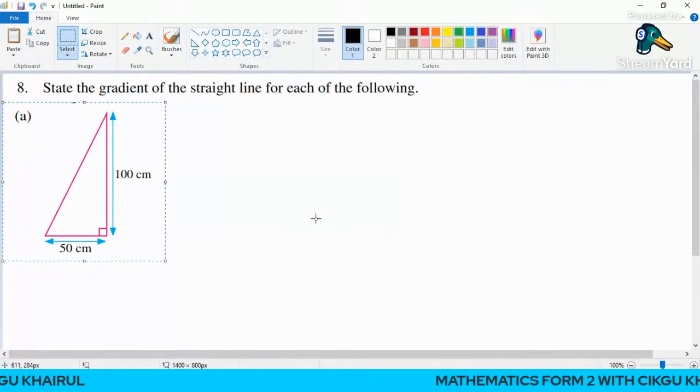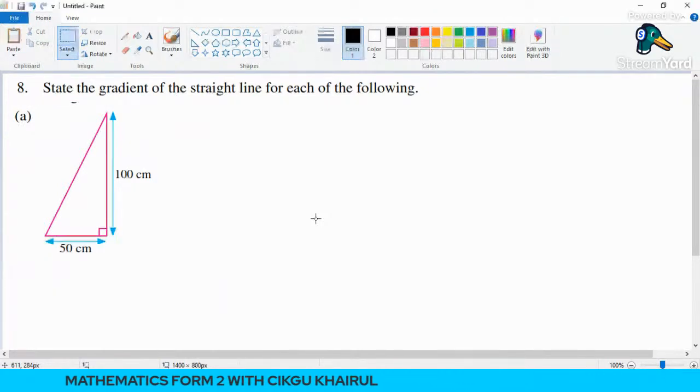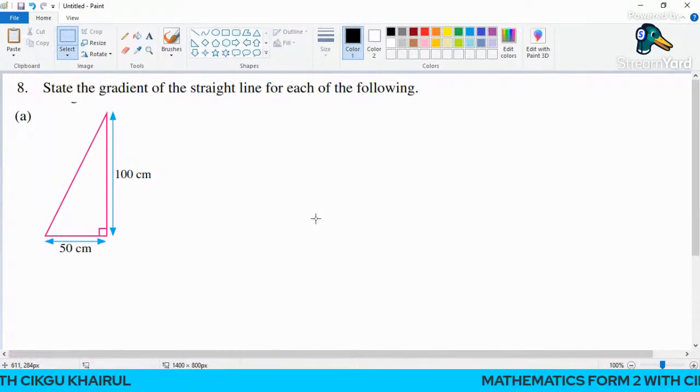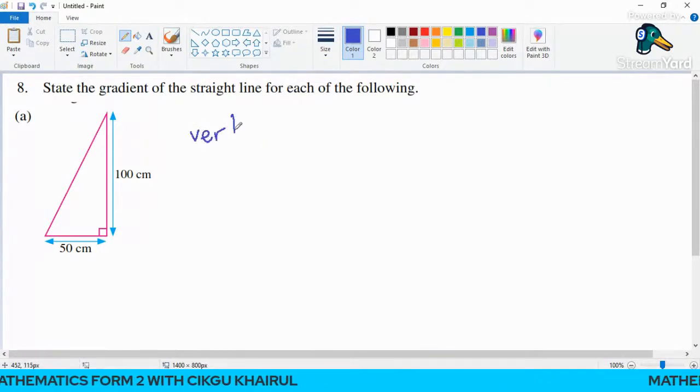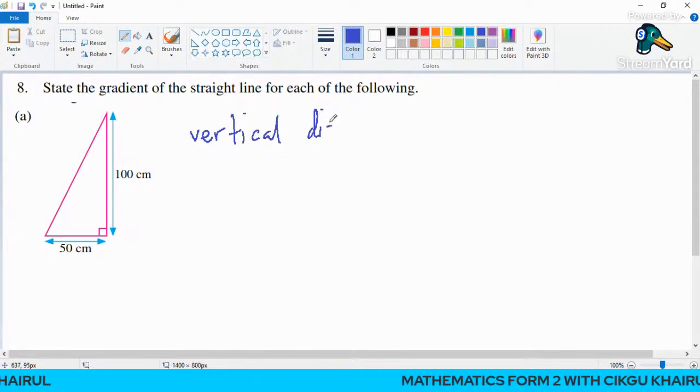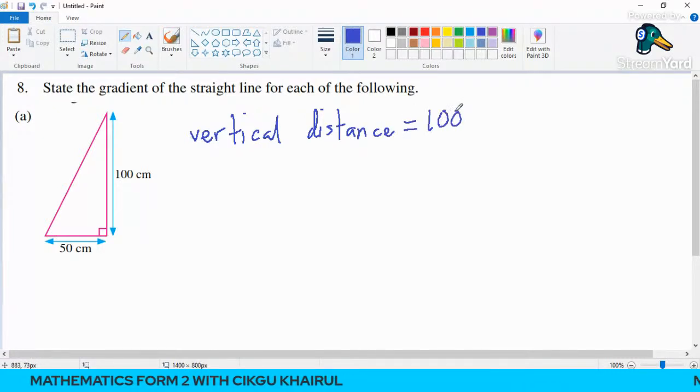To solve the question, because this one has no coordinates, no x and y, we only have two values here. First let me write here. We have a vertical distance, which is equal to 100 cm.